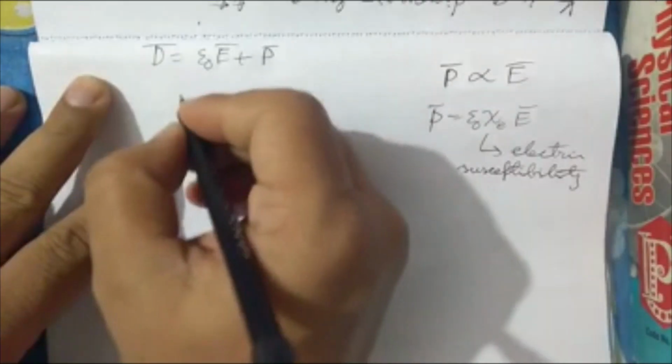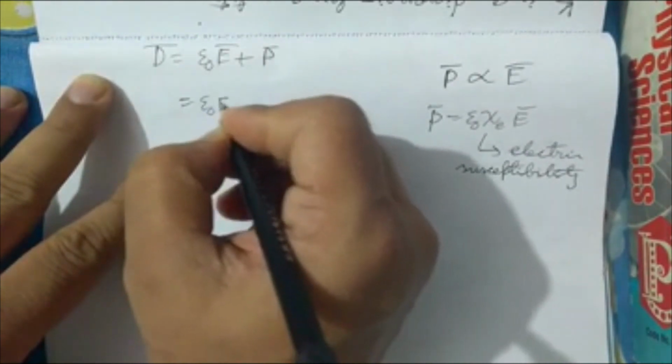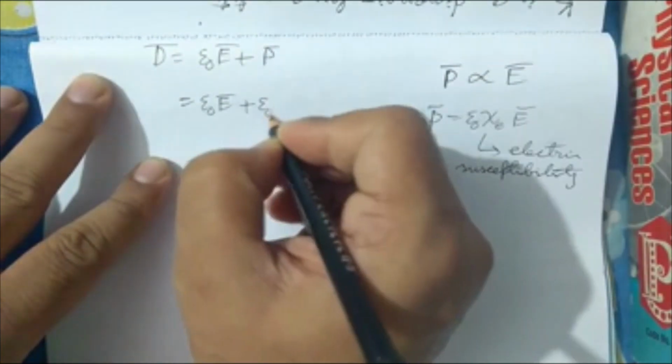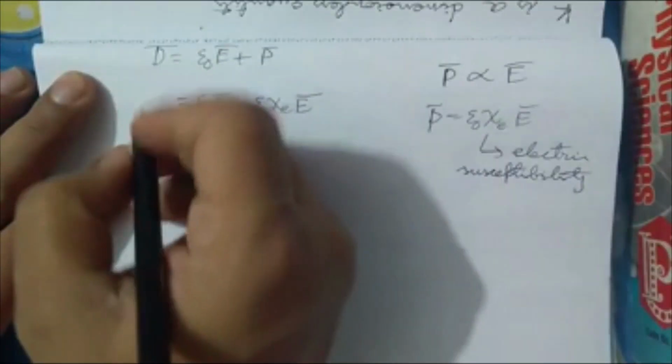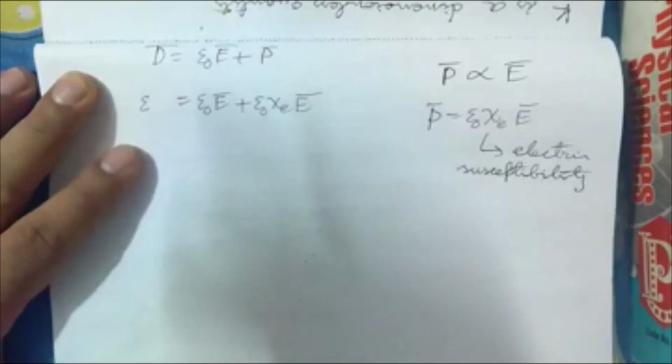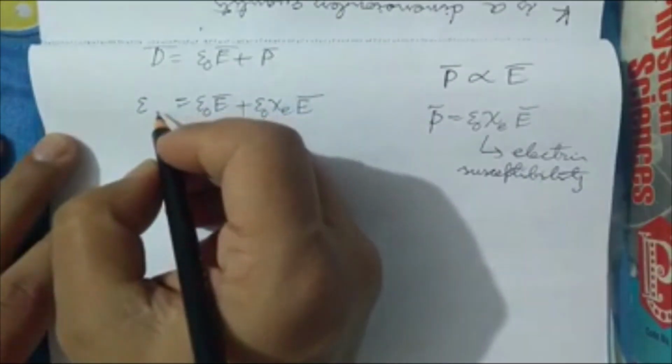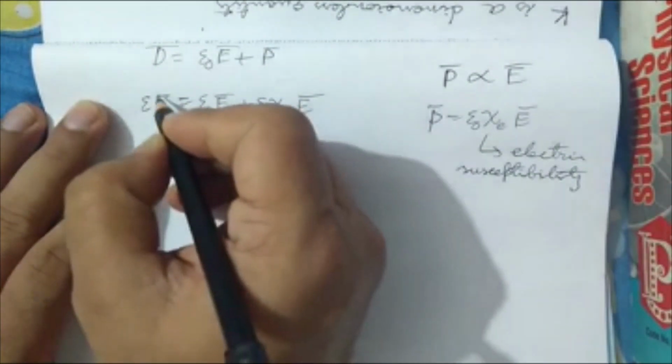Now from here what will you write? You can write epsilon naught E plus P is epsilon naught E plus epsilon naught xi E into E, and D in a medium you can write as epsilon into E vector.